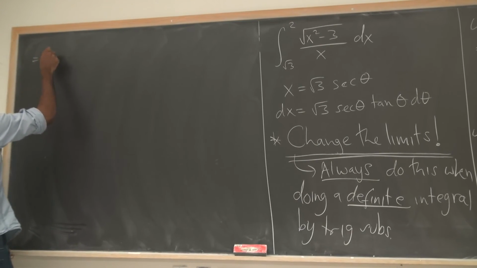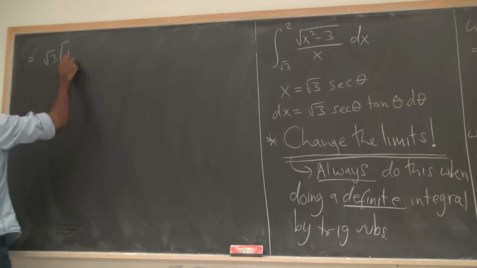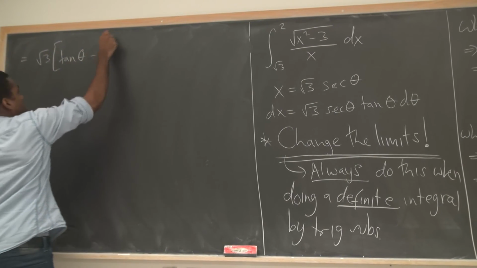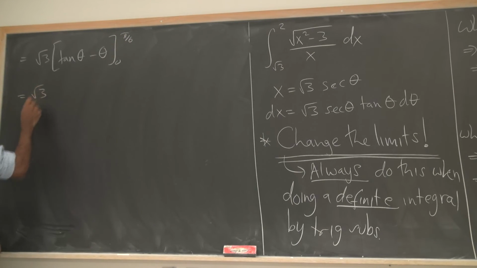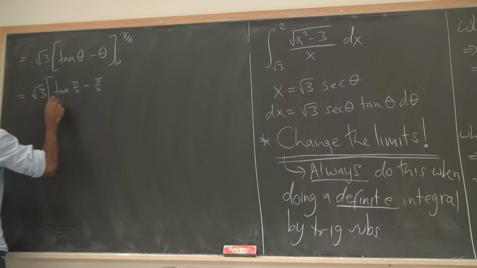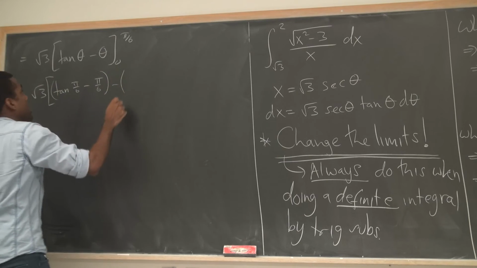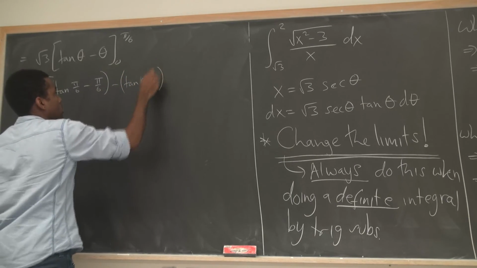So we get radical 3 tan theta minus theta between 0 and pi over 6. This is radical 3 tangent of pi over 6 minus pi over 6, minus tan 0 minus 0.